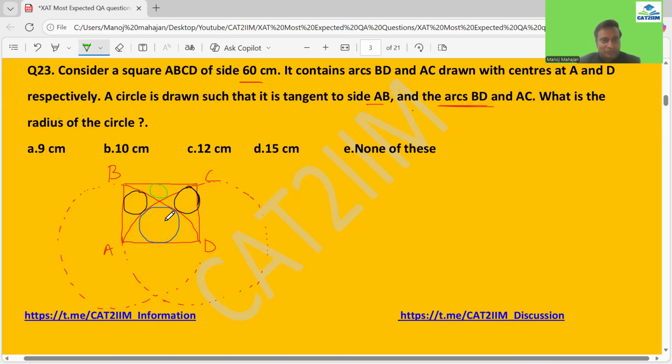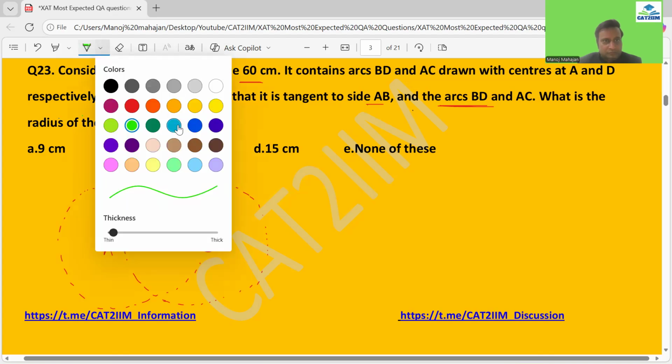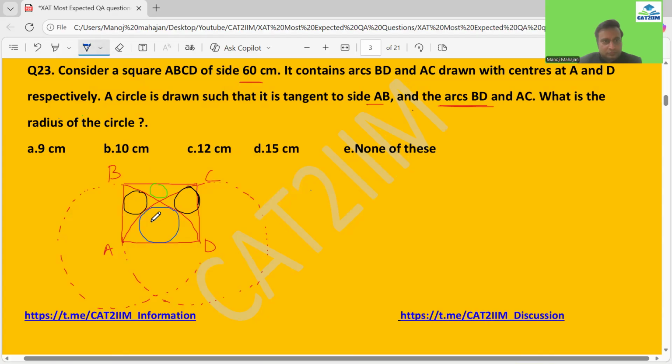So let me tell you first the circle. Let's say this radius is R1. Let me use the blue color again over here. What I wanted to teach you is, let's say you have two circles touching externally in this way.